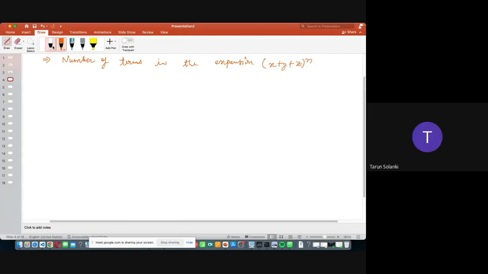So here, first let's write (x + y)^n + nC1 (x + y)^(n-1) z, right? Then again nC2 (x + y)^(n-2) z², and this goes on, and the last term will become nCn z^n.